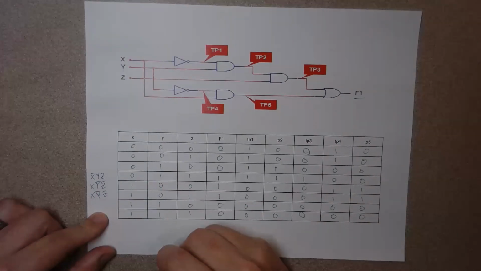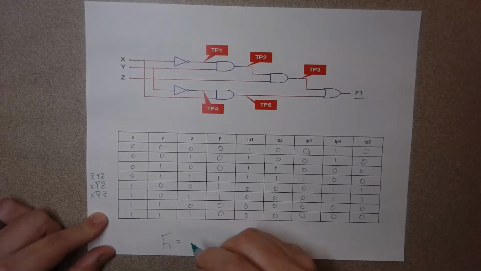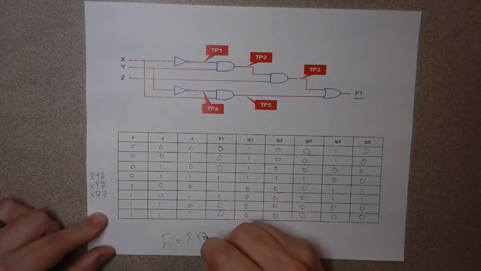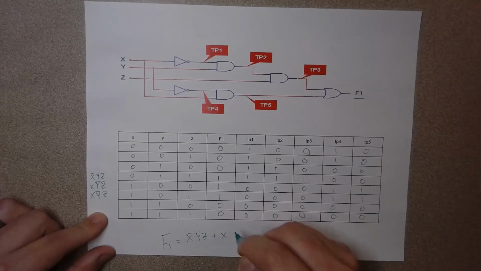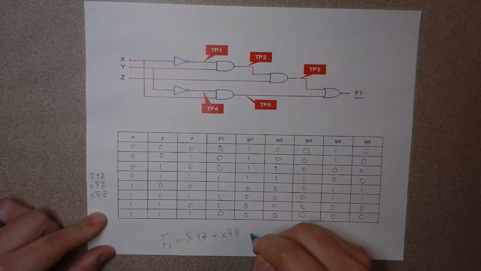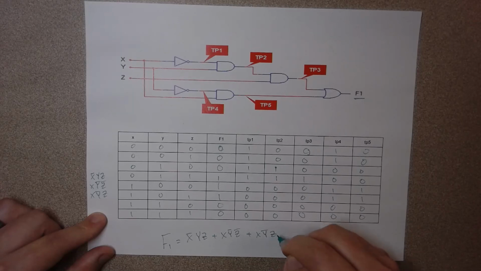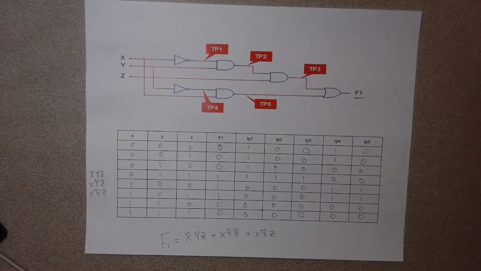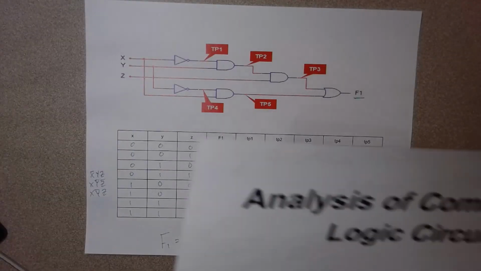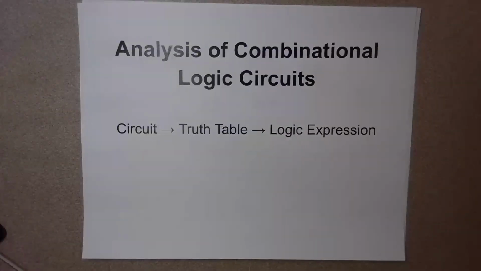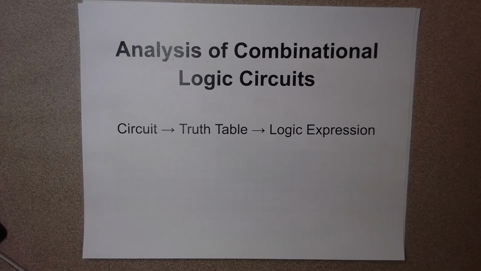Okay, so that means our F1 is equal to not x, y, and z, plus x, not y, not z, plus x, not y, and z. Cool. So that is how you take a circuit to a truth table to a logic expression.